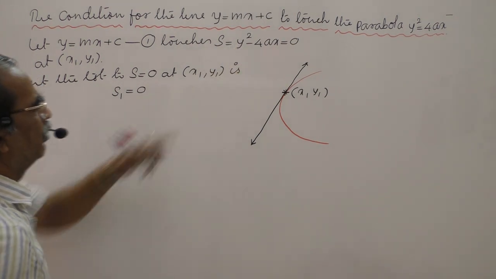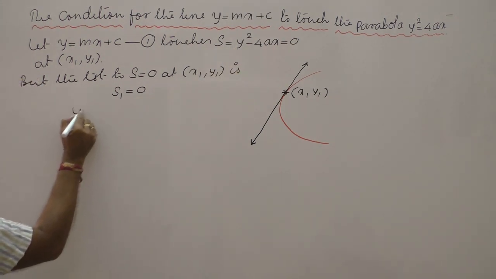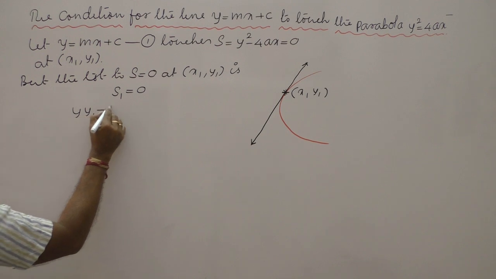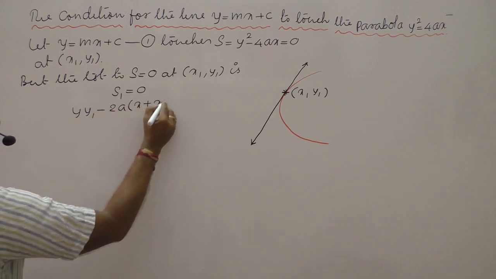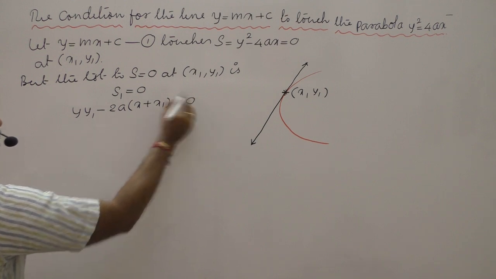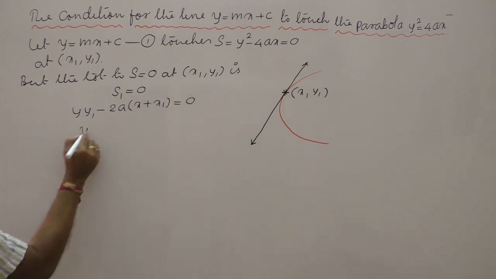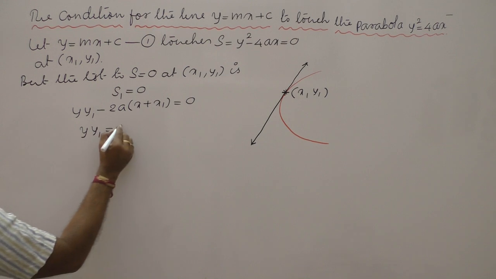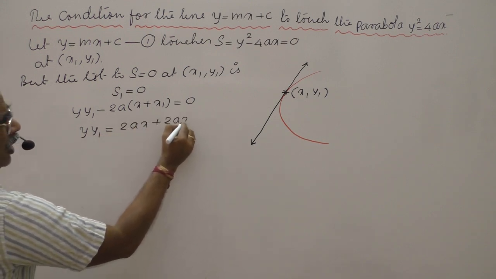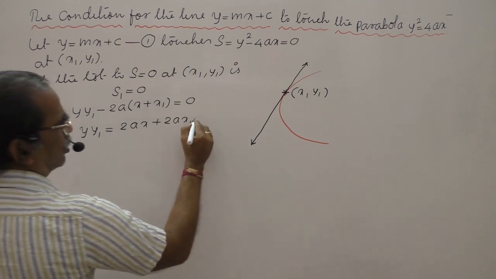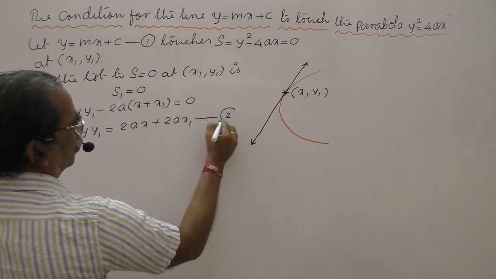Watching the curve, I will write s1. What is it? y y1 minus 2a into x plus x1 is equal to 0. So I will arrange this as y y1 equal to 2ax plus 2ax1. This is equation number 2.